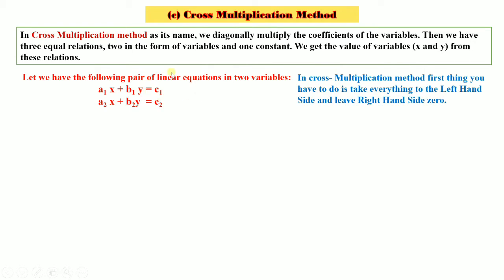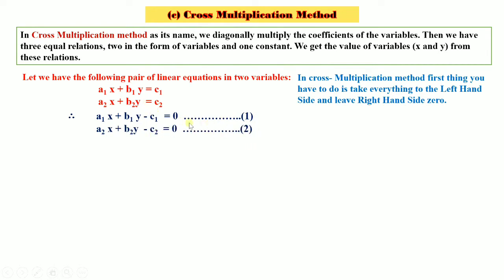If it is already 0 then fine. If it is non-zero, a constant or negative number, then you have to take everything to the left hand side like this: a1x plus b1y minus c1 is equal to 0, equation number 1, and a2x plus b2y minus c2 is equal to 0, equation number 2.